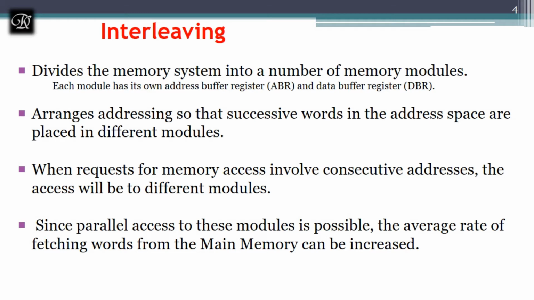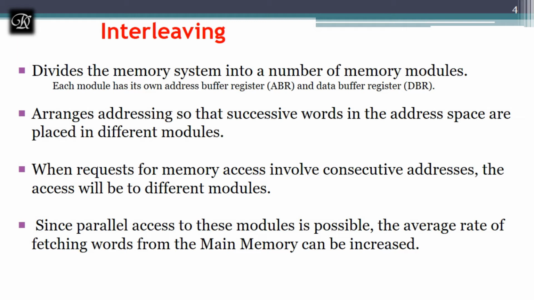The complete memory is divided into modules, and for each module we have an address buffer register and a data buffer register. We should arrange these in such a way that successive words can be accessed easily, without adding additional logic to find the successive words.